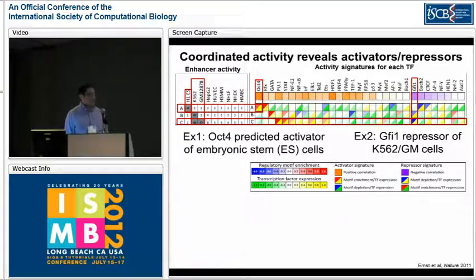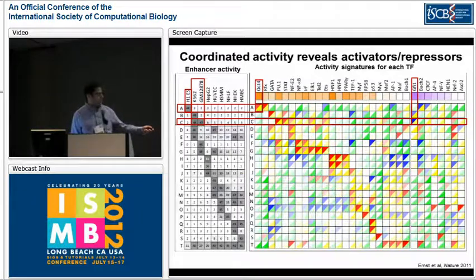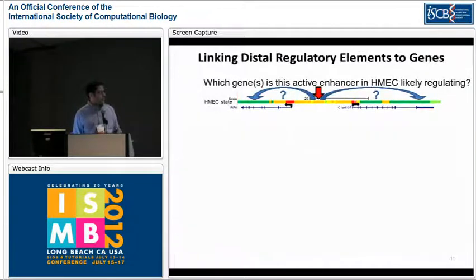So here we can make the prediction from the data that GFI1 is acting as a repressor for this pair of cell types. And we more systematically did this through all the combinatorial usages of cell types, making predictions of what are the key transcription factor activators and repressors based on this framework.